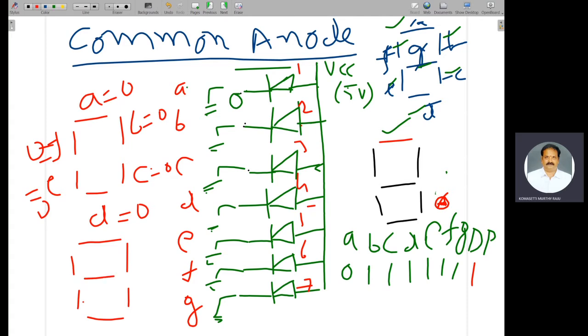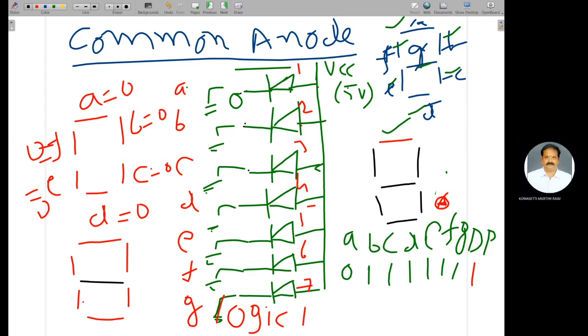But the seventh one is reverse biased. That means G is connected to logic 1. That is reverse biased.